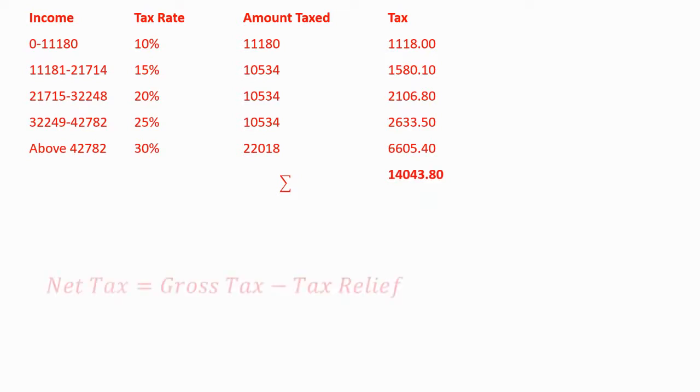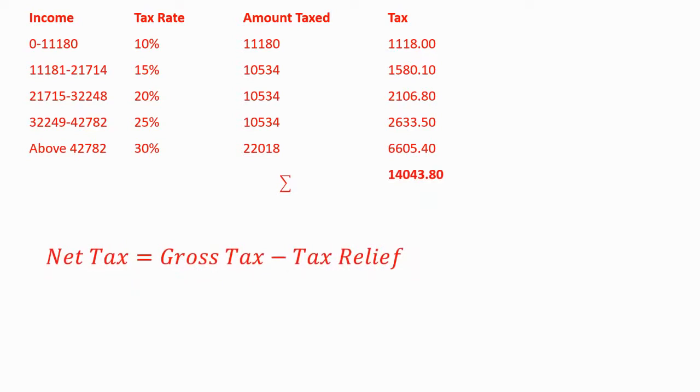So the net tax will be the gross tax minus the tax relief, which is 14,043.80 minus 1,280. Therefore, the net tax was 12,763.80.